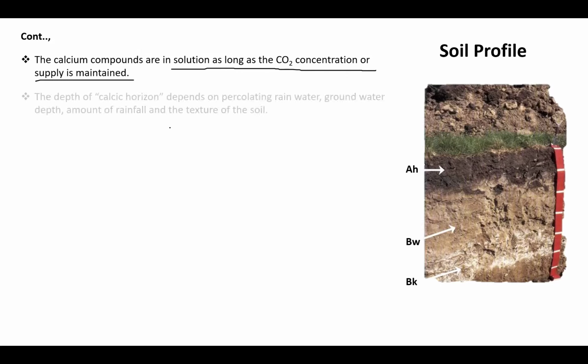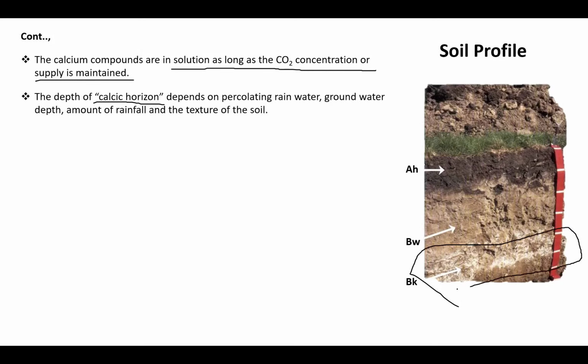This white color layer is called your calcic horizon, the illuviated calcium carbonate, due to calcification.